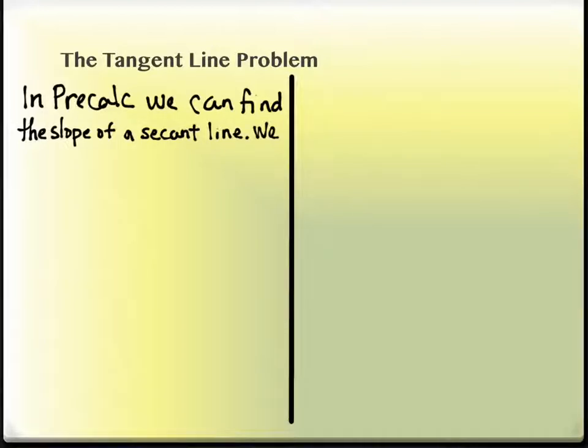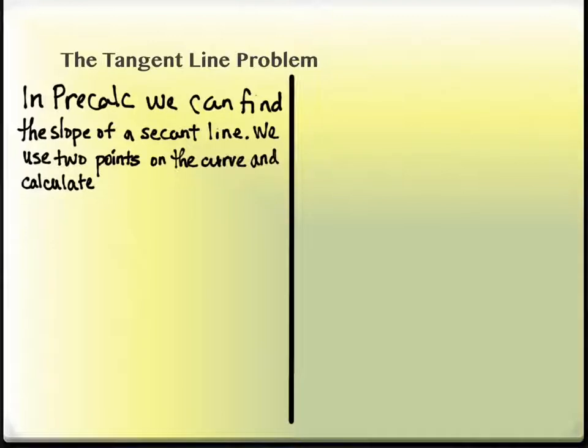We do this by using 2 points on the curve and calculate the slope between them.